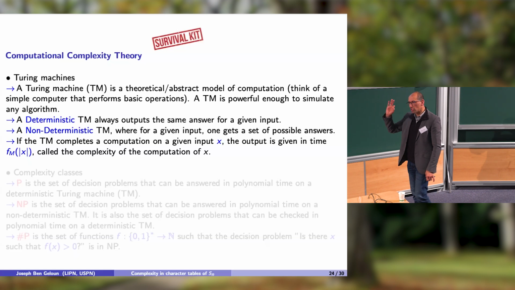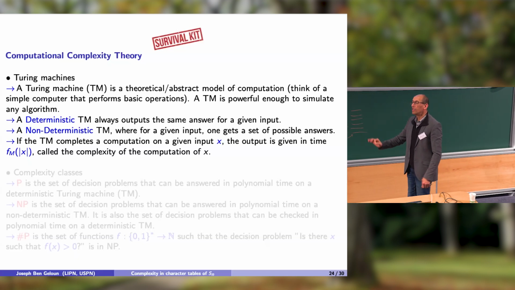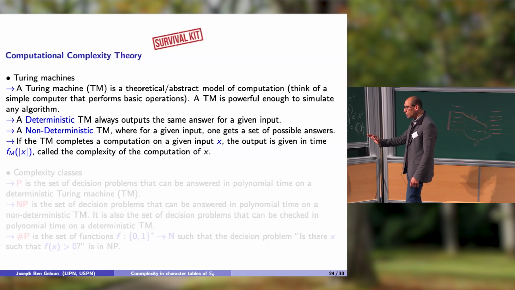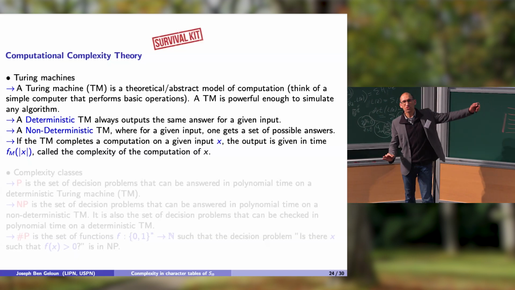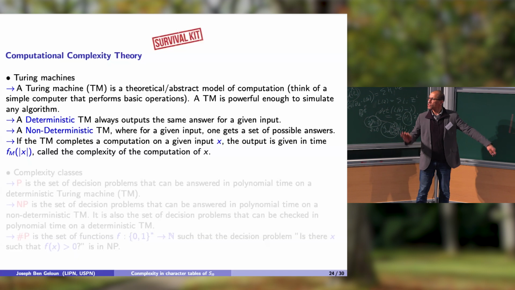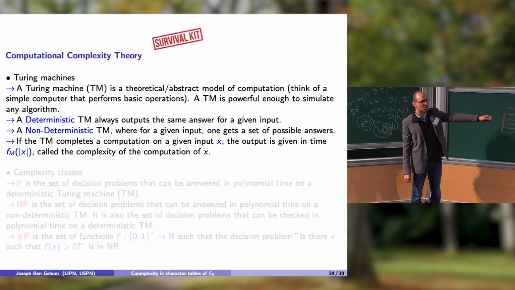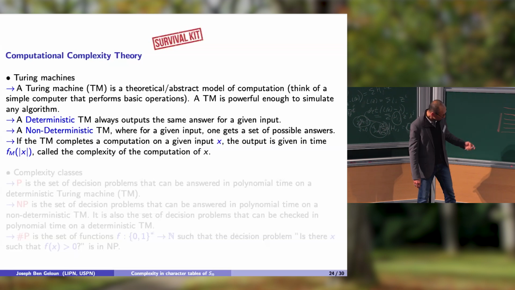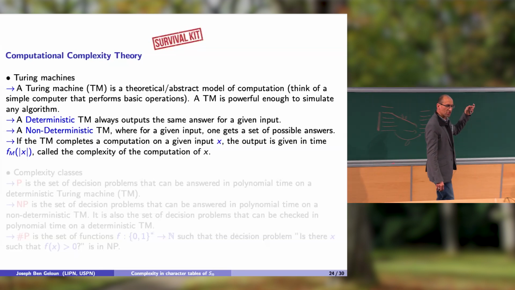Any time you give it the input, it gives you the same answer. On the contrary, with a non-deterministic Turing machine, if you give it an input, you can end up with a set of outputs. You give it an input, it can give you an answer. You give it the same input, it gives you another. But yet, the set of answers is a finite set. This is what we call a non-deterministic Turing machine.